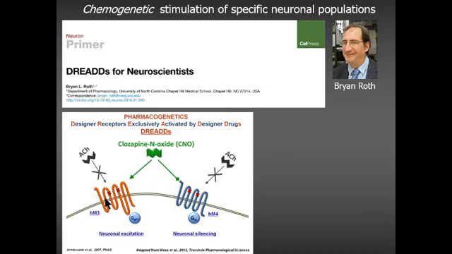And the way that they're made is that these are G-protein coupled receptors that have a part outside of the cell and a part inside of the cell. So the part outside of the cell is a door, and the transmitter comes and does knock-knock. And so now on the other side of the door, there is a G-protein that says, oh, somebody's knocking. And so now the G-protein is going to go and do its G-protein-like things. And so now what these DREADDs are is that they're genetically modified such that they don't recognize any of the endogenous neurotransmitters.